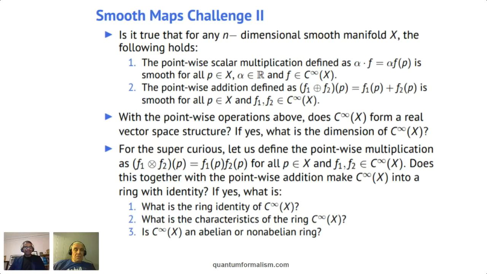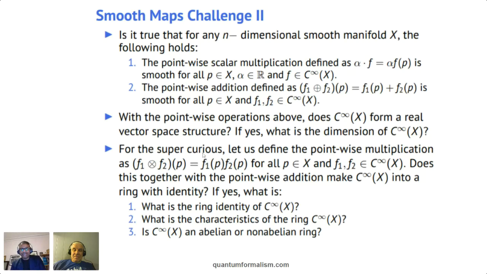This is something you need to start getting familiar with, because functional analysis is all about this type of abstraction. The formal operations are defined like this, so the question is whether this forms a vector space. If yes, what is the dimension of the vector space? Because a vector space has a dimension.